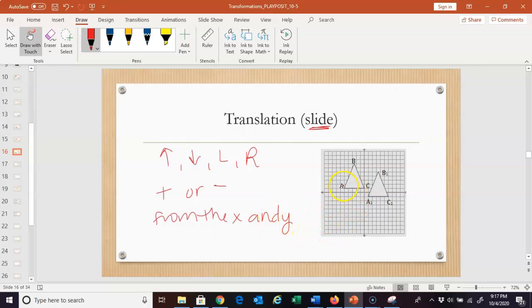We take this A point and we moved it, what, down 2? So we subtracted, down 2 and over 1, 2, 3, 4, 5, 6, over 6. So with a translation, you're just moving up, down, left, and right.